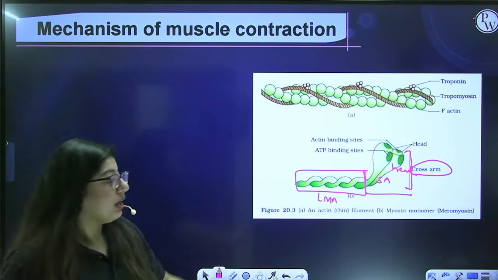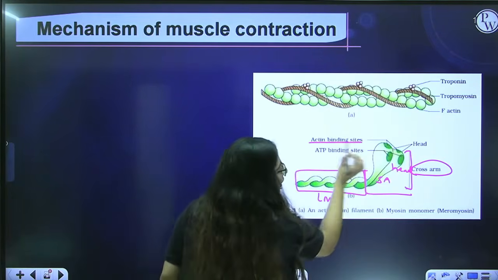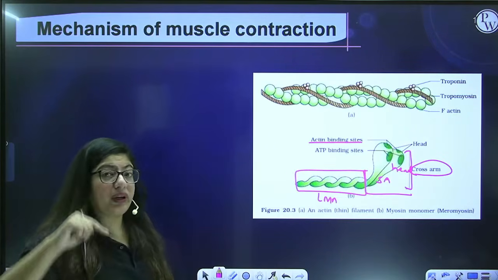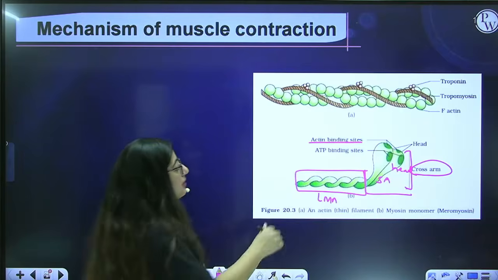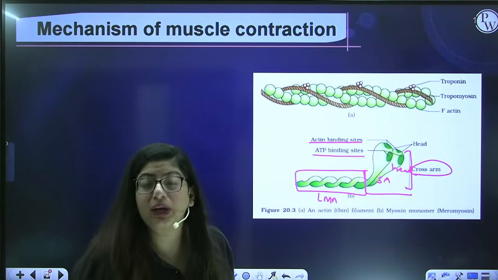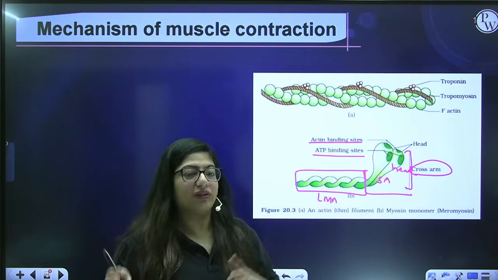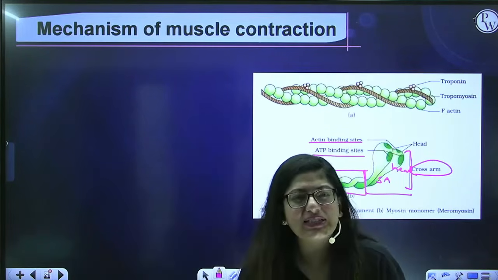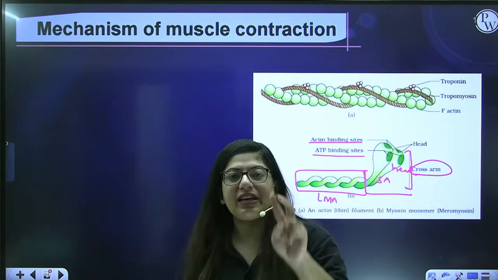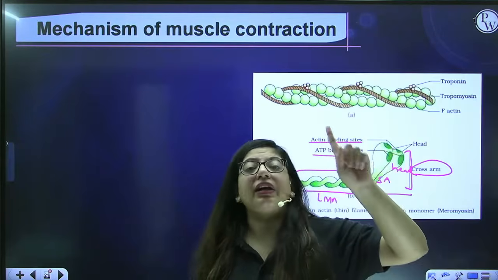Now, the head has 2 binding sites. One is the actin binding site, where the protein actin will bind, and second is the ATP binding site, where ATP, adenosine triphosphate, the energy currency, will bind. So we say that the myosin's head contains 2 binding sites: one where actin binds, second where ATP binds.